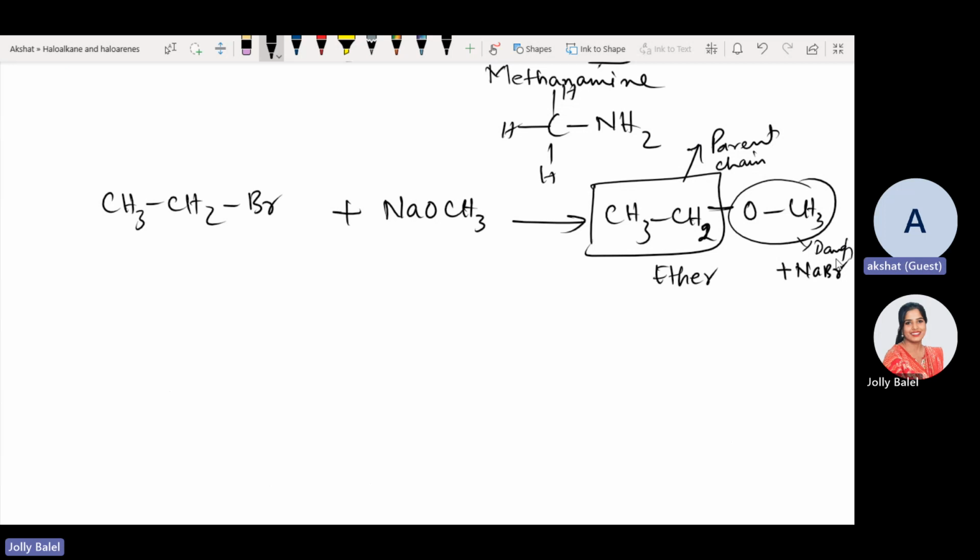The daughter with one carbon is known as meth, and with oxygen it is written as methoxy. And here two carbons are there with single bonds, so ethane. So the name of this compound would be methoxyethane. Got it? Yeah. Okay. Next, if you have understood, try to name this one.